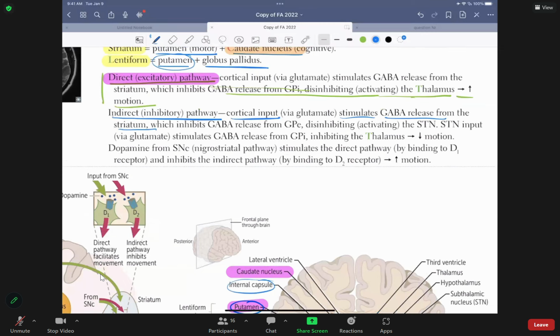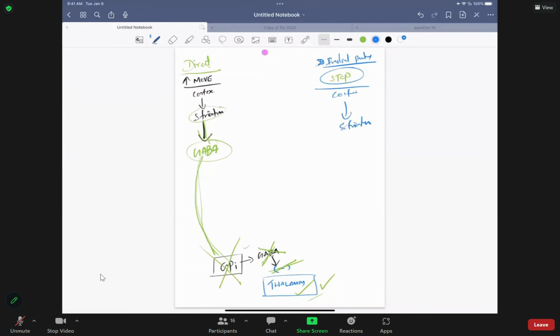Okay. Now, what's happening here, a little tricky. Striatum is releasing a GABA again, but this time, this GABA is blocking a GPE. Okay. This GABA is blocking a GPE. By blocking the GPE, you are activating GPI. That's a part here, folks. Okay. I want you to memorize it like that.